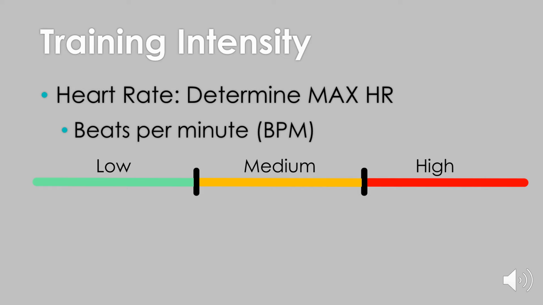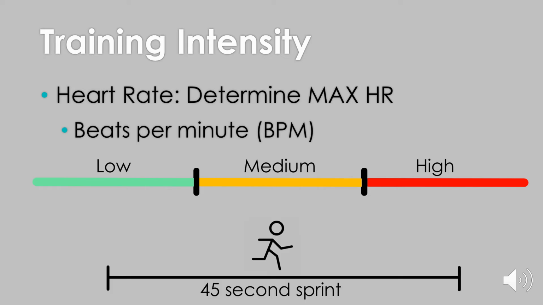Of course, please warm up before the sprint. Once you figure it out, place that number here. My max heart rate during intense exercise, for example, is about 200 BPM. We will use this 200 BPM value to determine our zones.